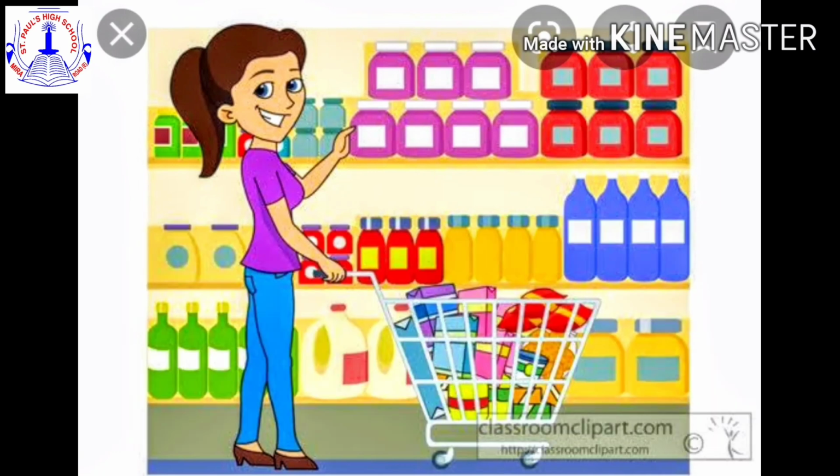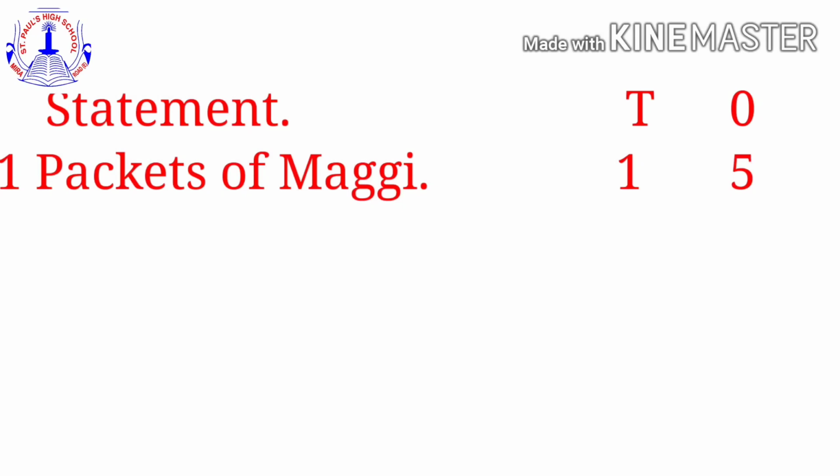So let's start now. We begin with a statement and the place values written over there, that is tens and units, that is the ones place. Okay, so now the first statement was: she brought how many packets of Maggi? Very good, 15 packets. So first we will write: packets of Maggi brought is 15. So 1 in the tens place and 5 in the ones or units place.